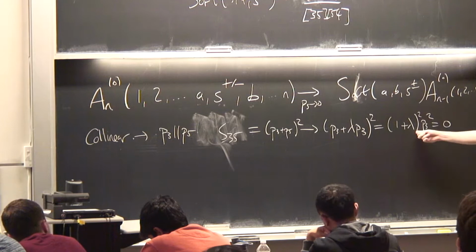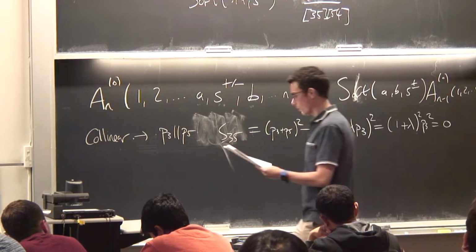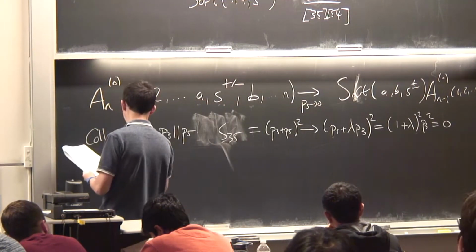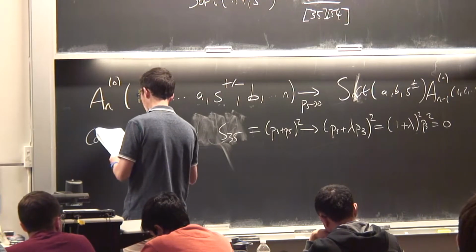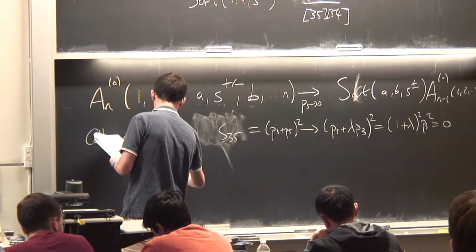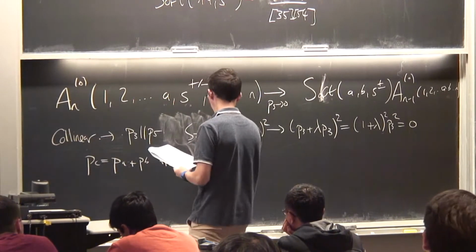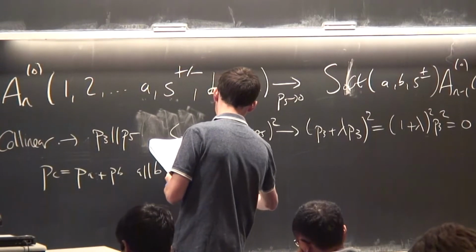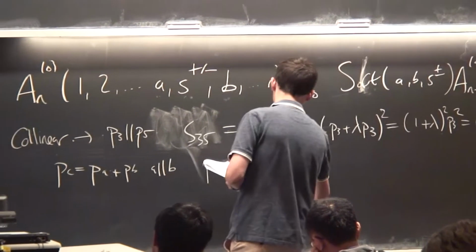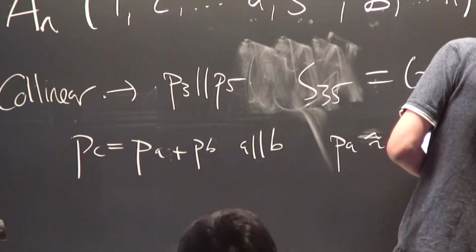We don't normally parameterize it this way because this is making P3 special compared to P5. We're normally very pro-democracy, so we just pick some new momentum PC. For the collinear limit, A and B become collinear, and PA we write as Z PC, and PB we write as 1 minus Z PC.